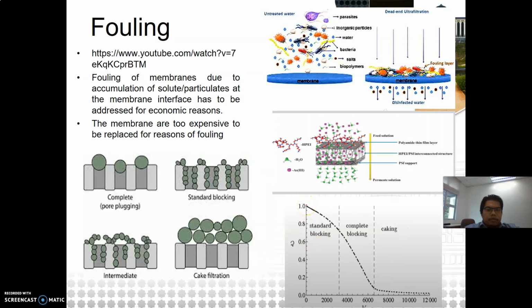For a good flow rate, we would like it to look like this. The flow rate gradually decreases, but this one drastically decreases. In a membrane separation process, we would like to avoid this from happening.